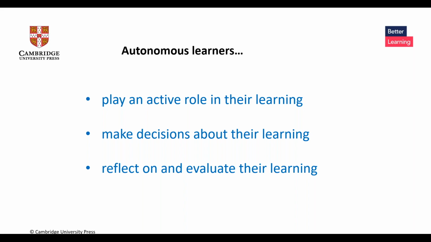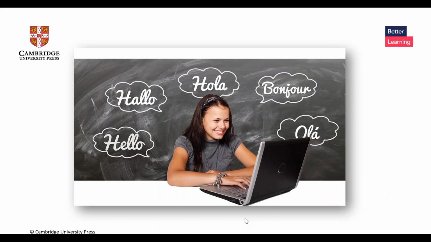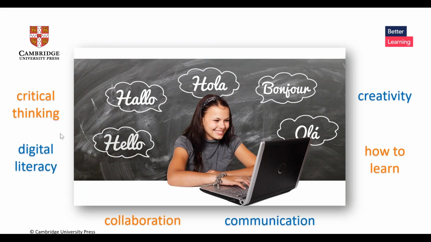So now we're going to have a little think about who our learners are. It seems to me that now we're not just teaching our teenage learners English. We're helping them to develop all different kinds of skills, for example creativity, critical thinking, communication, collaboration, digital literacy, and learning how to learn.